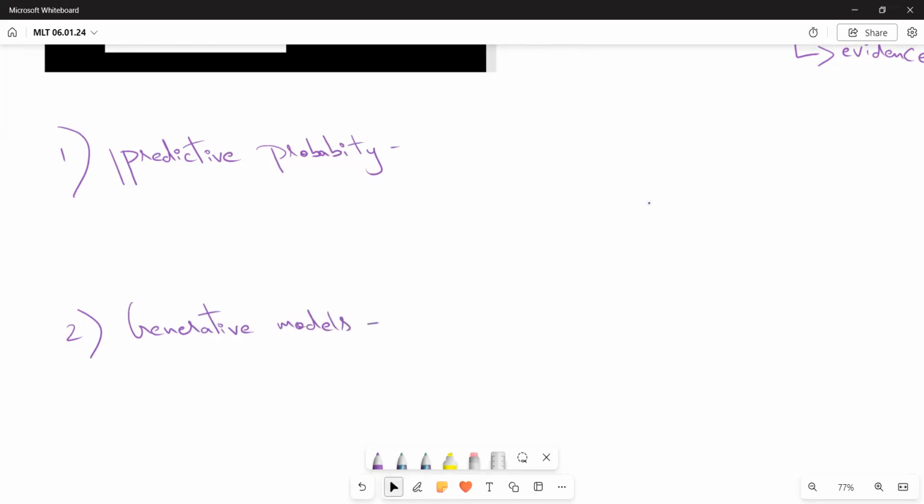So these predictive probability models, what do they do? They use the idea of a conditional probability distribution. You've learned what conditional probability is, right? Using it, y can be predicted from x.